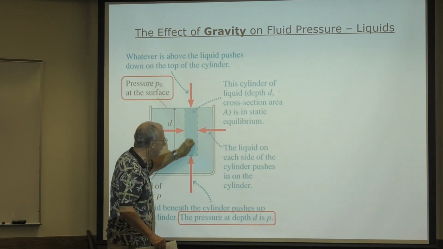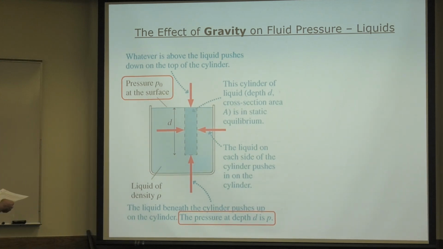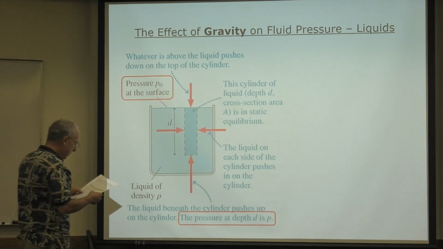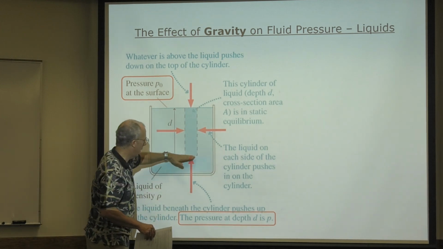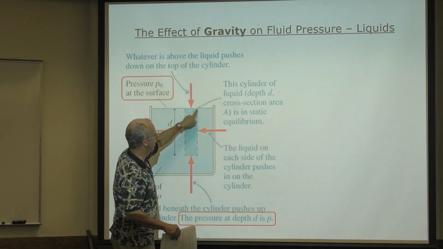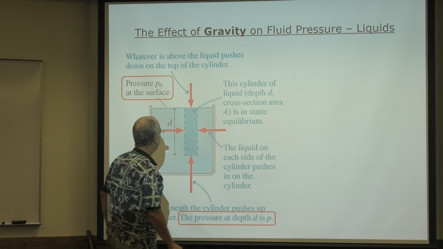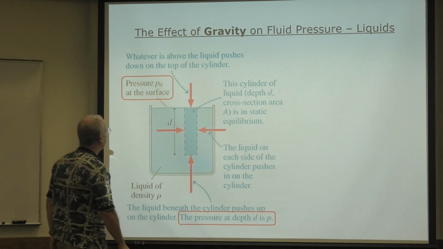We're just looking at this piece of water, okay? That's all. So this here is the depth, and this is the cross-sectional area, A, all right? Again, this is all in equilibrium. There's nothing moving or anything like that.